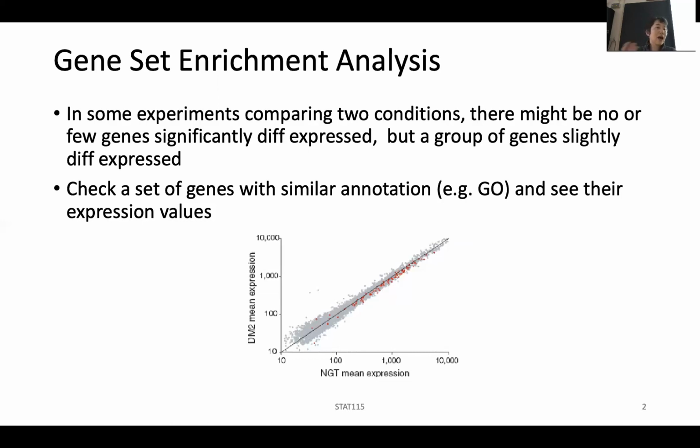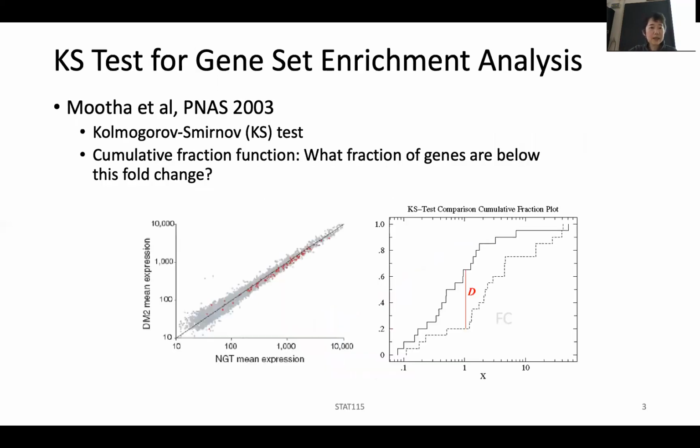And so that's how gene set enrichment analysis was initially developed. To do something like this, in 2003, the original paper by Vamsi Mootha, who is now a faculty at Harvard MGH, used the Kolmogorov-Smirnov test. This is a non-parametric test.